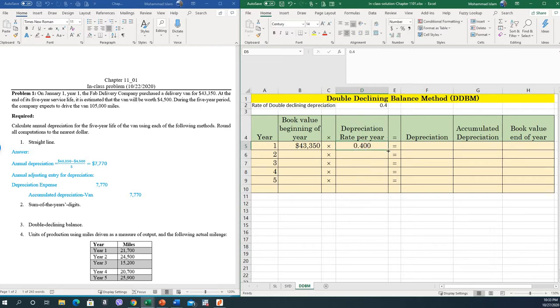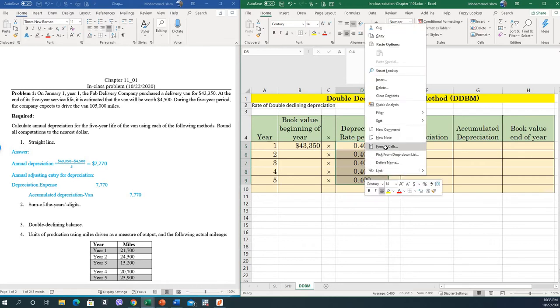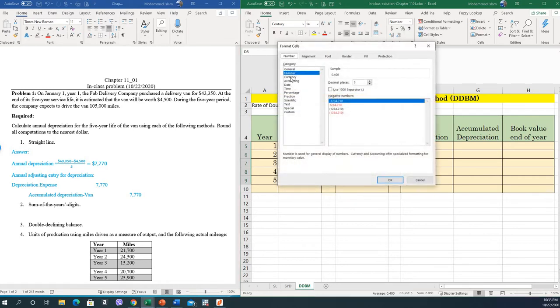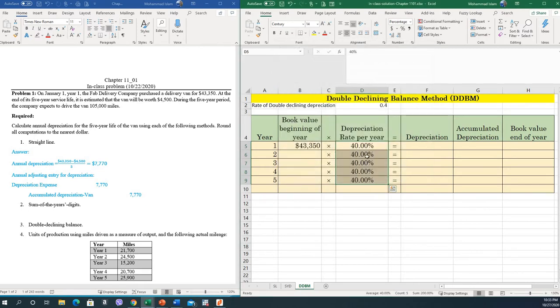Okay, so this rate is fixed, so 40%, copy 40%. Okay, if you want to show this number as percentage, we can format this one. Okay, so let's see. So this is 40%.